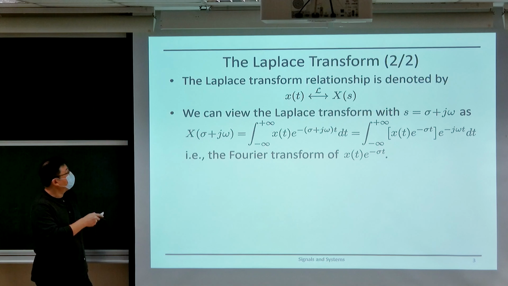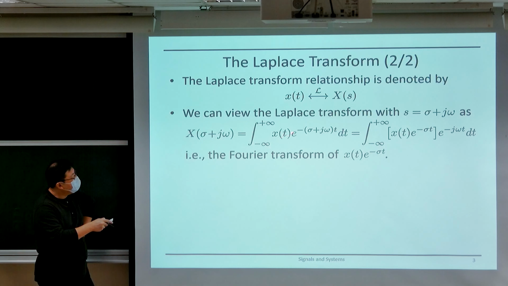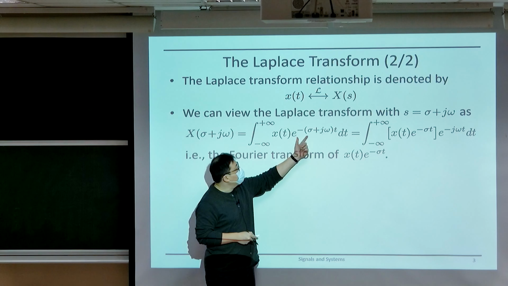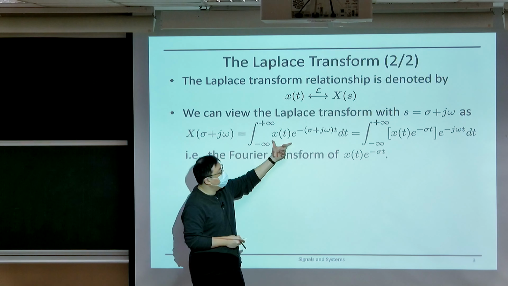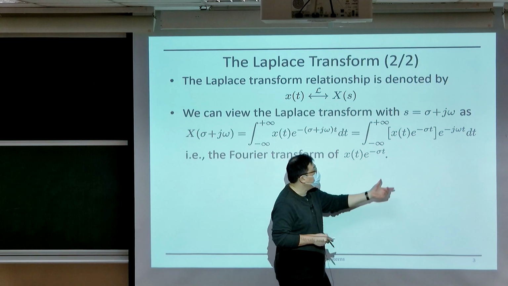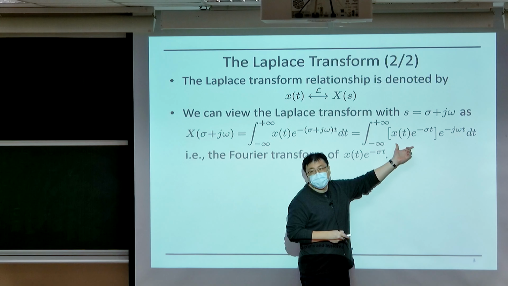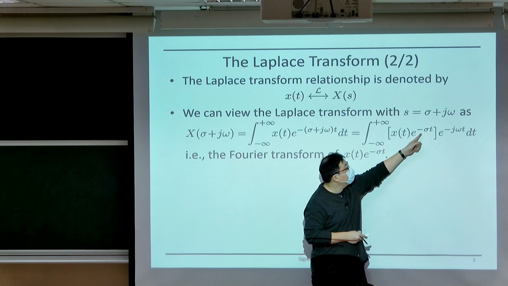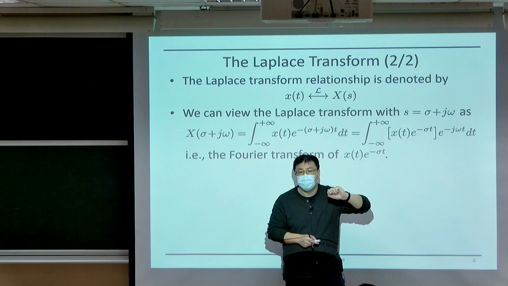Then the Laplace transform X of s you can write as X of sigma plus j omega, which is the integral of x of t times e to the minus sigma plus j omega t. Now, if you group this e to the minus sigma t together with x of t, then you get something like this. And what is this? This is simply the Fourier transform of x of t times e to the minus sigma t.